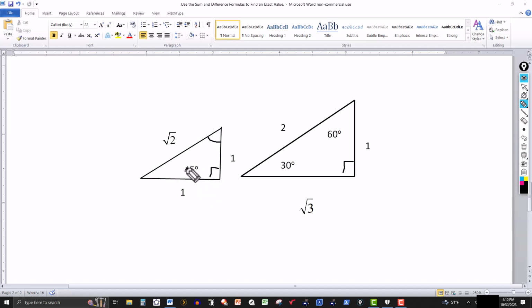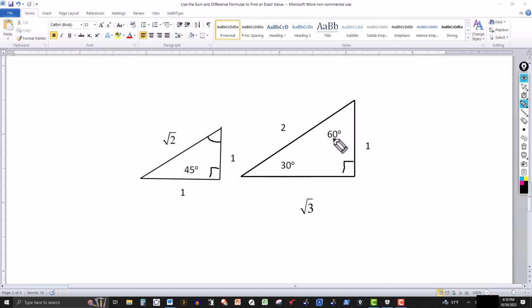So from these triangles, you can find the sine, the cosine, the tangent, cosecant, secant, cotangent of angles like 60, 30, and 45. And then you should know that if you know this, then you can find the exact value of the trig function value of any angle that has a reference angle of 45, 30, and 60.